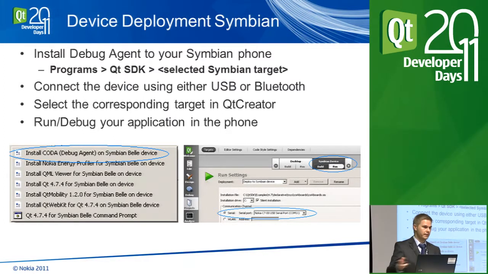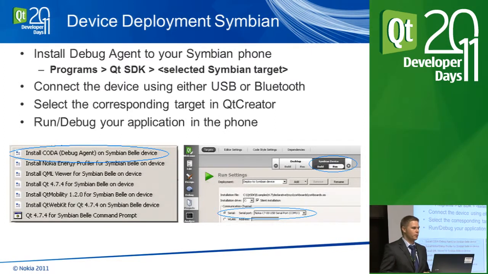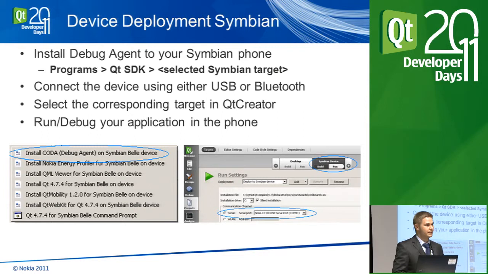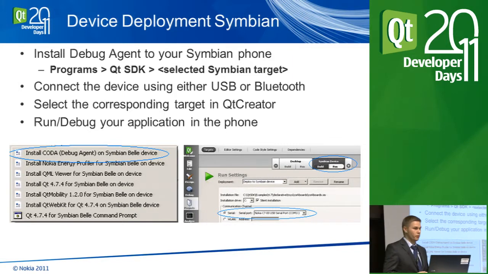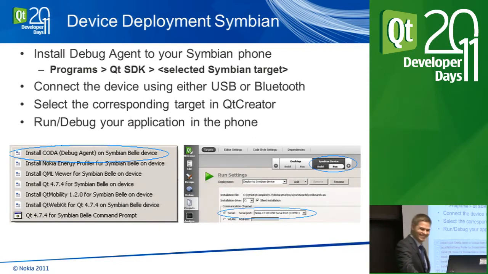And then you can just copy that to your device and install it manually. So on Mac and Linux, I'm a Linux developer myself, you have to do a little bit of extra work, but it's worth it. The environment is much nicer than Windows, in my opinion.